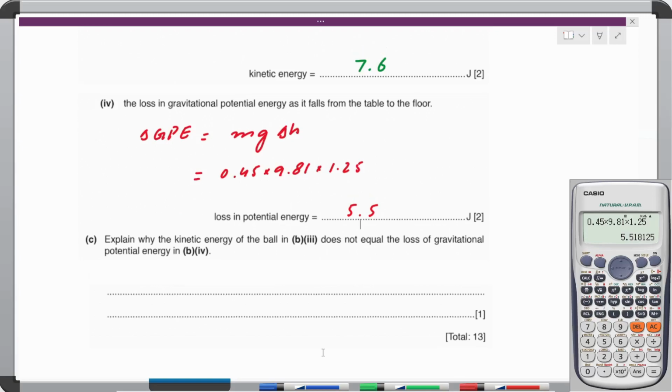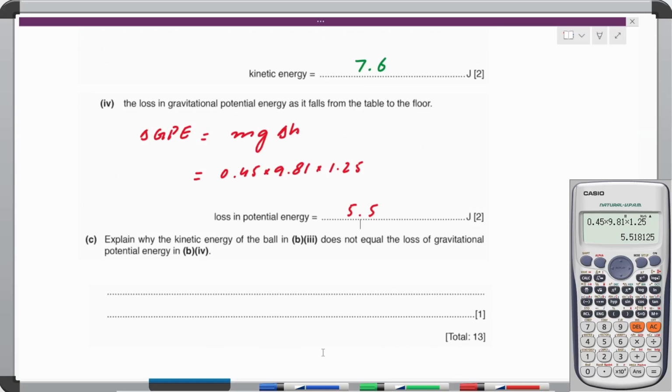Many of the students would be tempted to write the answer that some of the energy is lost in the form of friction, in the form of heat, in the form of air resistance. The thing is, that answer would be wrong for two reasons.